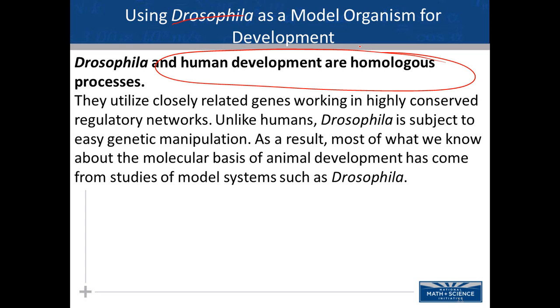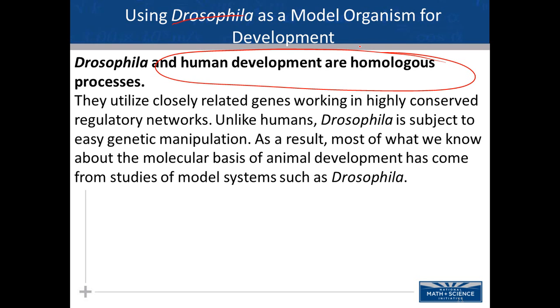So you're talking about a fruit fly and you're talking about a human, and that we have some homologous processes taking place. That should indicate to you that development is an evolutionary conserved process.